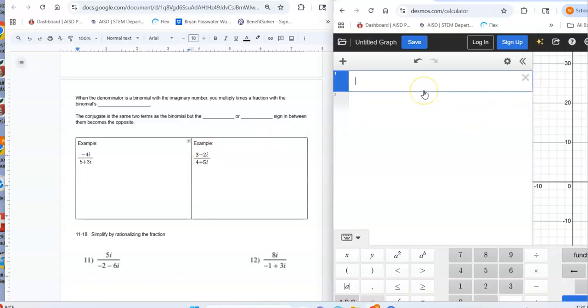All right, so the first one, -4i over 5 plus 3i. Okay, so we have that.